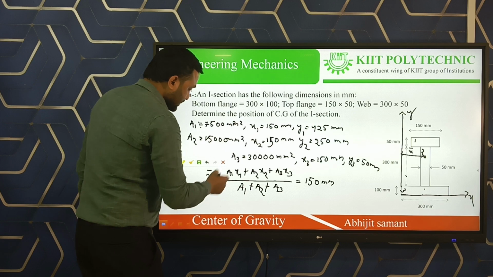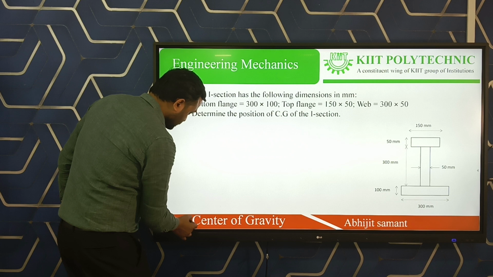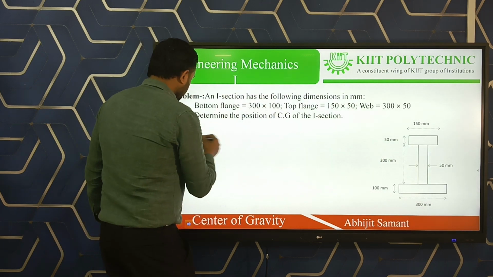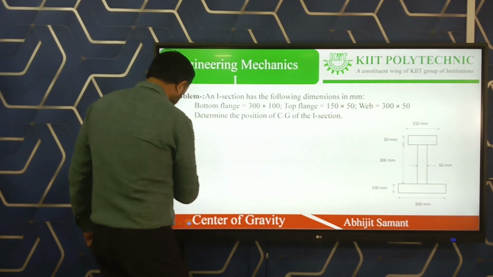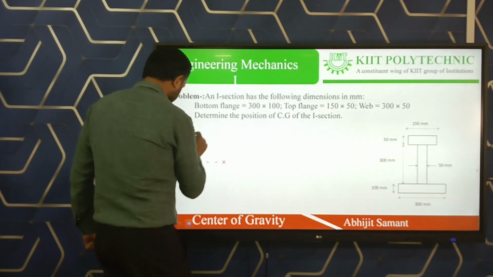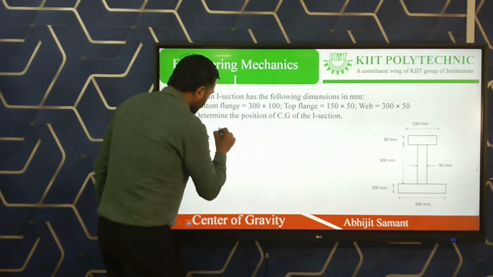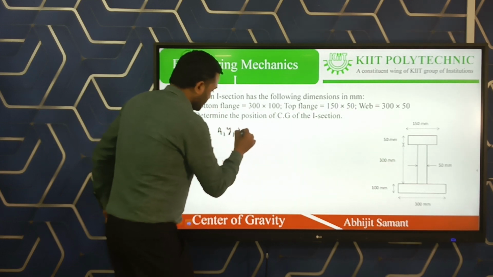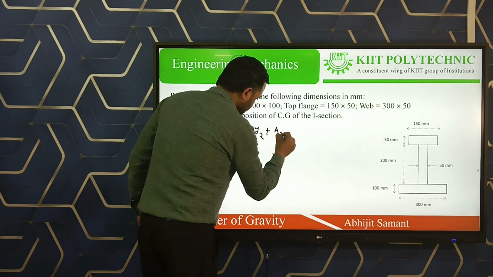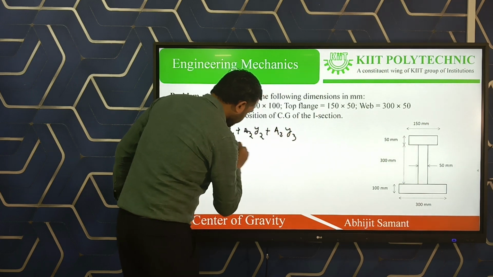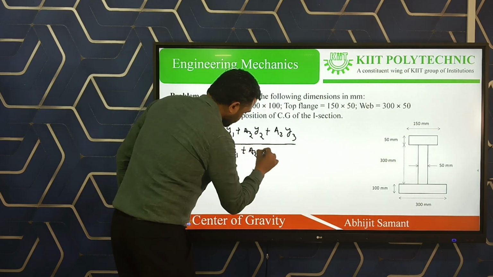So how do we find the y bar? It is the same. Let us find out the y bar. y bar is equal to, with the same formula written here, A1 y1 plus A2 y2 plus A3 y3, divided by A1 plus A2 plus A3.